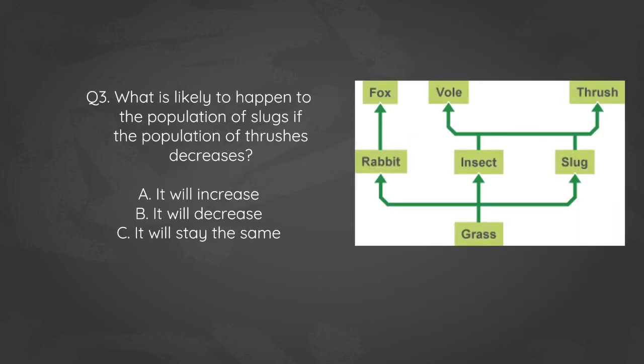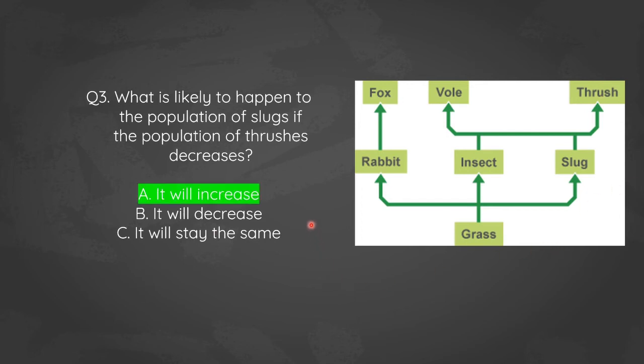What is likely to happen to the population of slugs if the population of thrushes decreases? Will the population of slugs increase, decrease, or stay the same? If you said it will increase, you are correct.